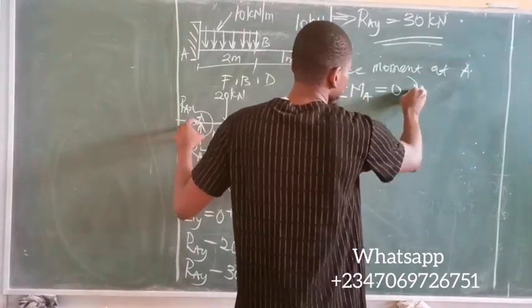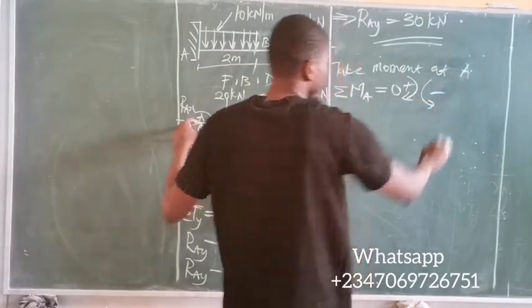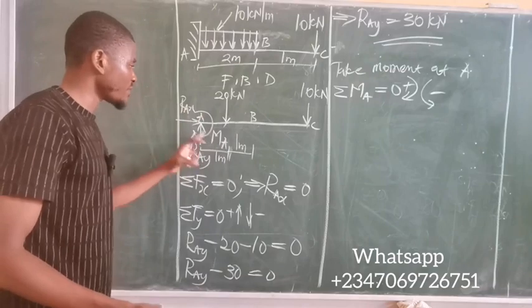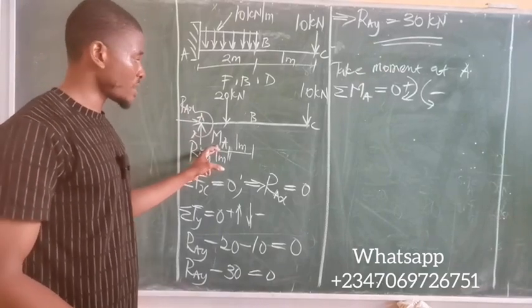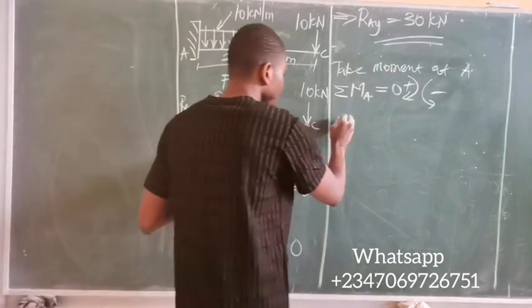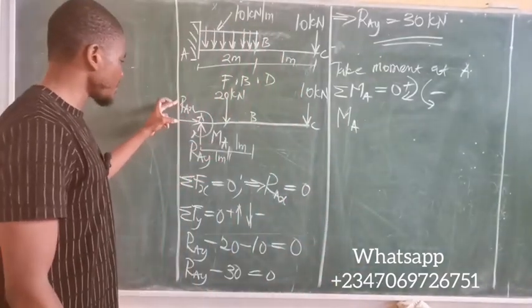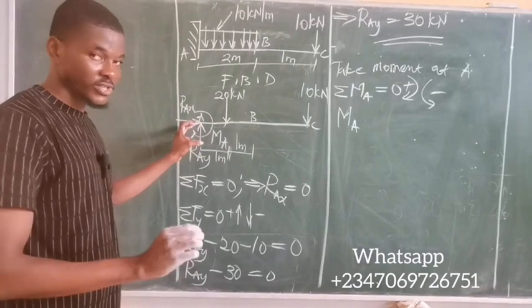We'll consider clockwise moment to be positive and anti-clockwise to be negative. Remember that at point A we already have a moment clockwise, so MA is positive. Also, the moment of these two forces, RAX and RAY, about this point becomes 0.